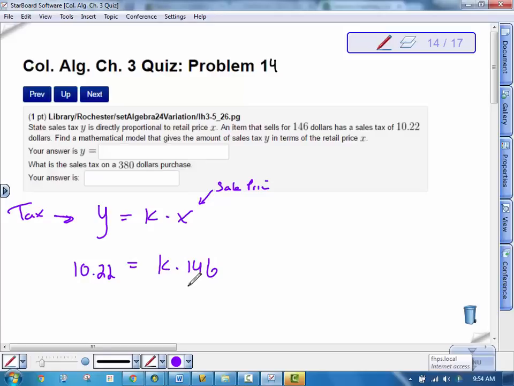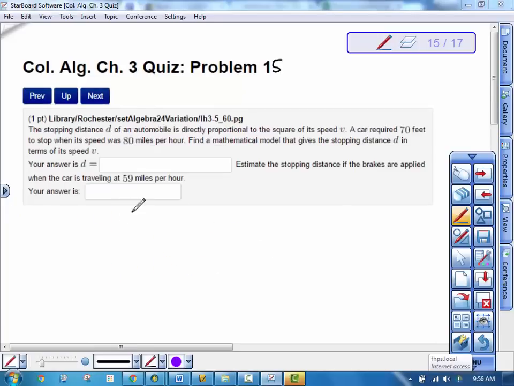And our answer for that will give us the equation they're looking for, which is 0.07, so 7%. So our equation is y equals 0.07x. And then what's the sales tax on a $380 purchase? So we'll plug in 380 here into our equation. And that will give us the sales tax, which is $26.60.